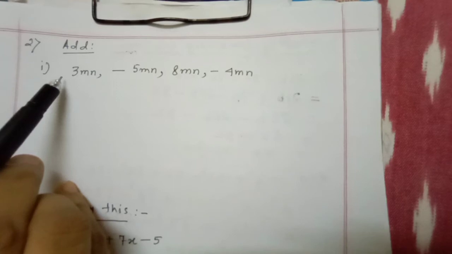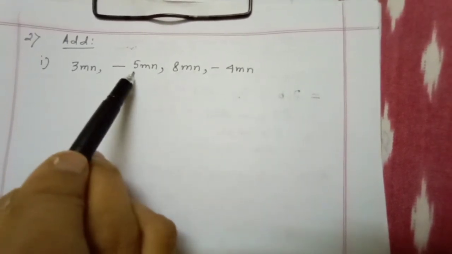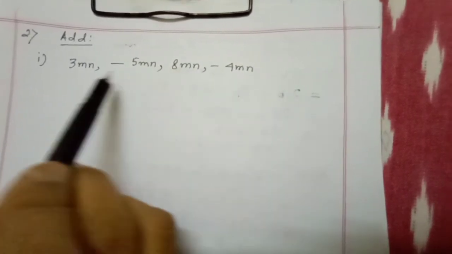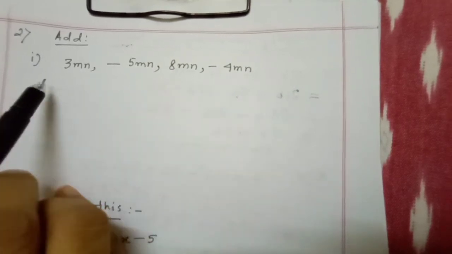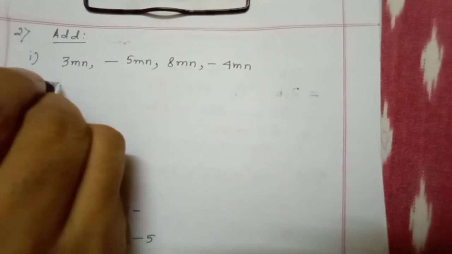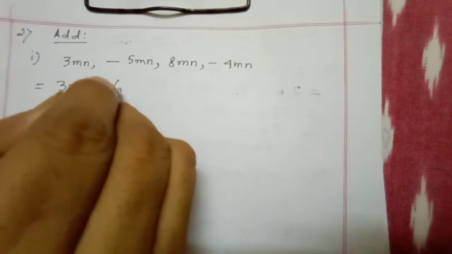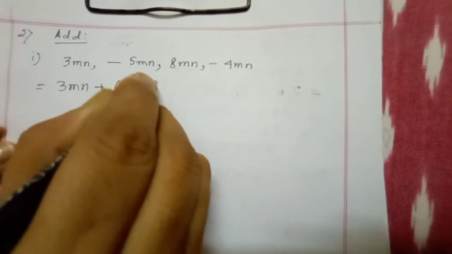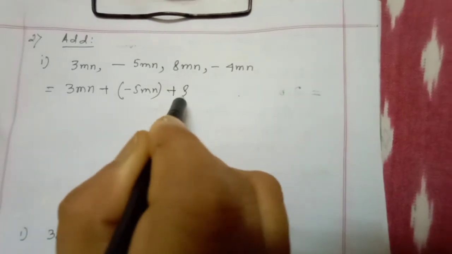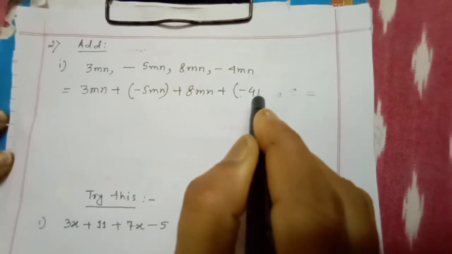Now see this sum. You have to add these terms: 3mn, minus 5mn, 8mn, minus 4mn. What you can see, these all are like terms. So if these all are like terms, then you have to add them with a positive sign. 3mn plus minus 5mn plus 8mn plus minus 4mn.